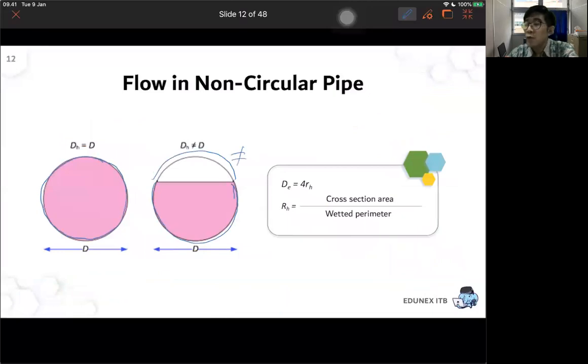Then, if you have liquid that is not fully filling the pipe, there will be an equivalent diameter, or sometimes you call it the hydraulic diameter.